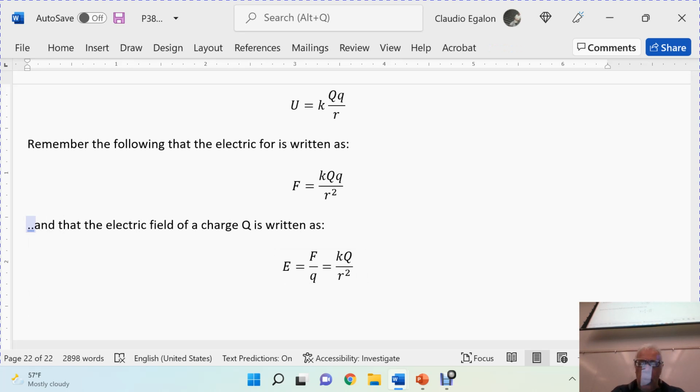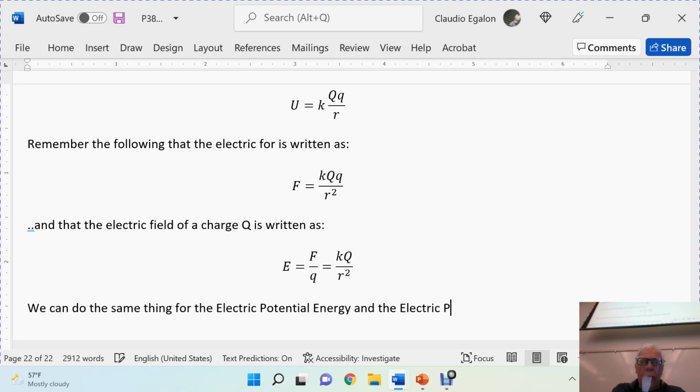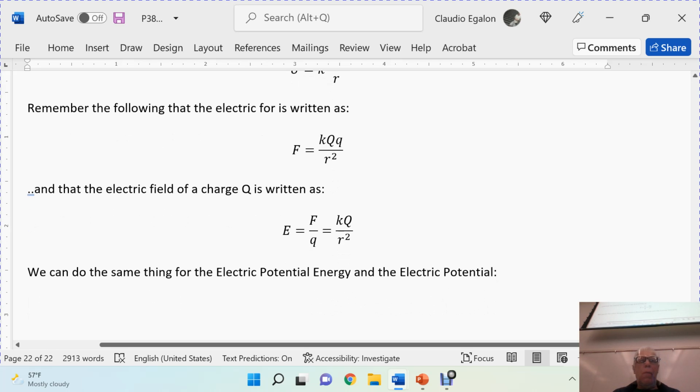We can do the same thing for the electric potential energy and the electric potential. So here you go.